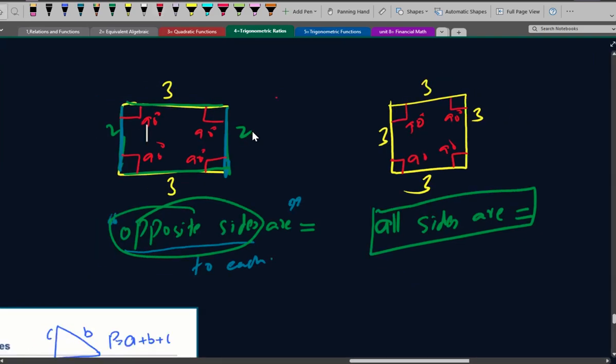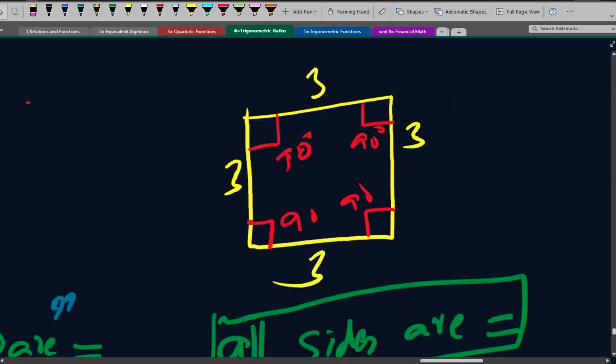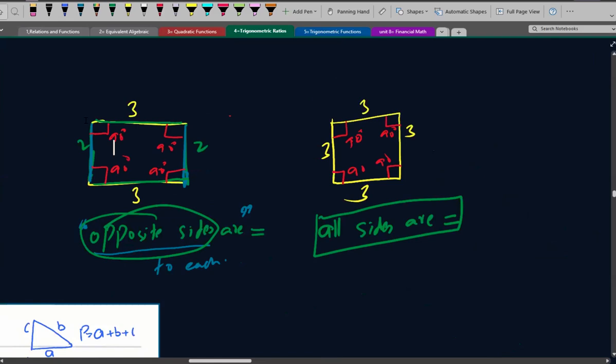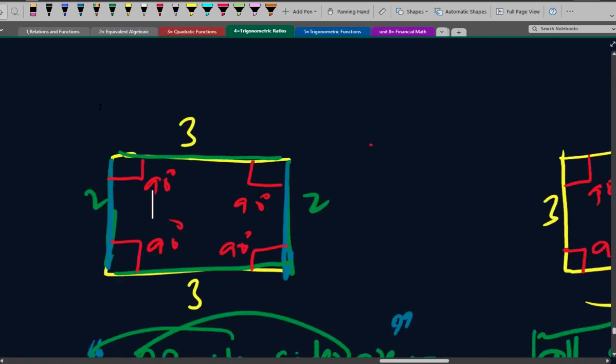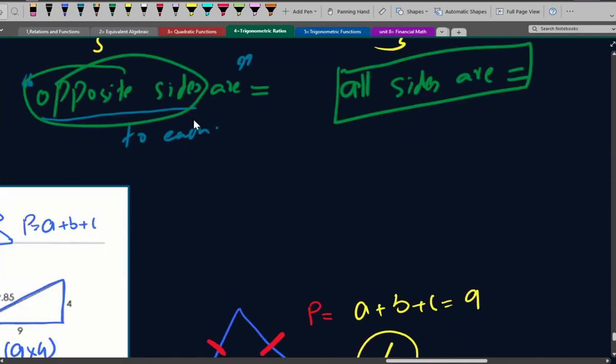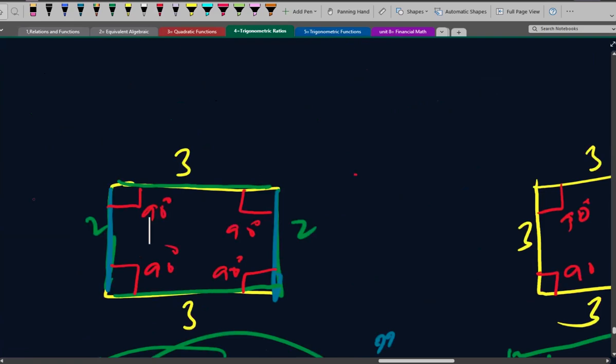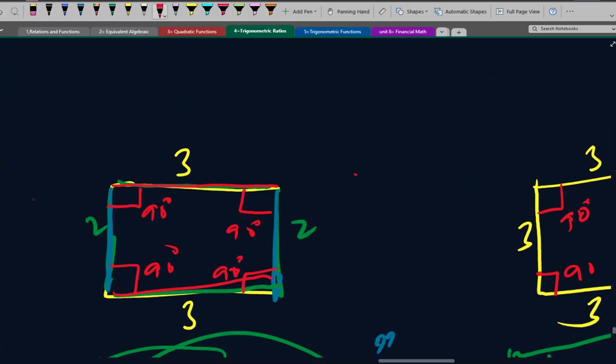There is no difference in terms of angles, because whether it is a square, all the angles are 90, or it is a rectangle, all the angles are 90. So the only difference is the length of the opposite sides in the rectangle. Whether it is the lower side, upper side, or right side, left side, opposite sides are the same, not all of them.